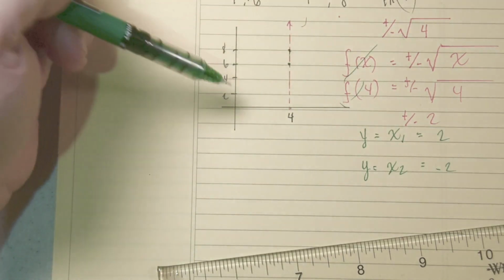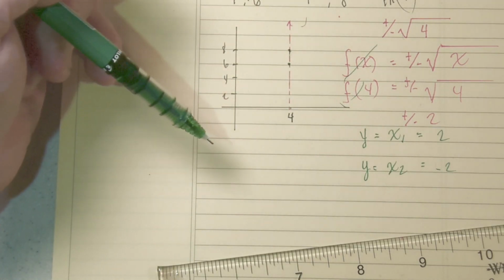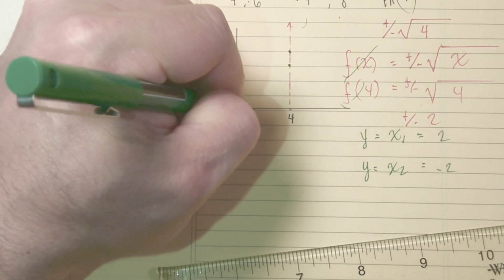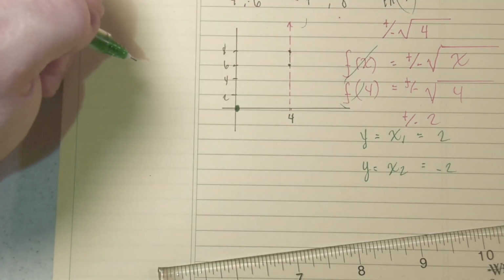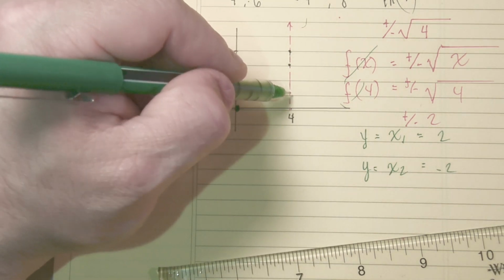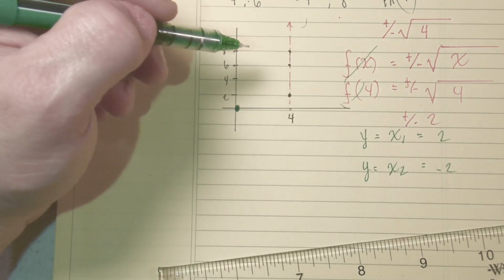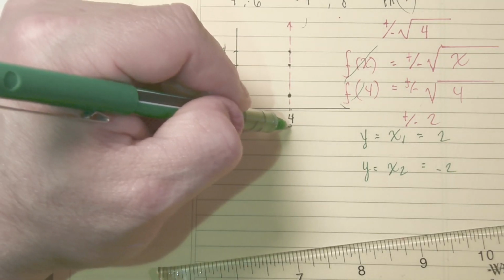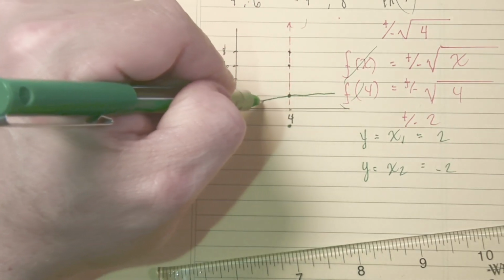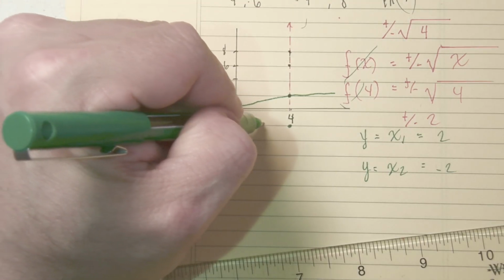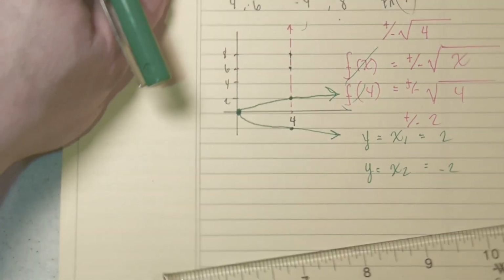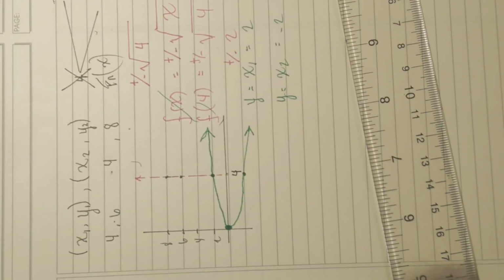Well, we could play with this a little bit more, but if you'll just trust me, if I plotted this, it would have a point there at 0, 0, and then a point here at 4, 2, and a point here at 4, negative 2. And so it forms what looks like a quadratic parabola tilted over 90 degrees to the right. See? Watch. Looks like a quadratic equation.